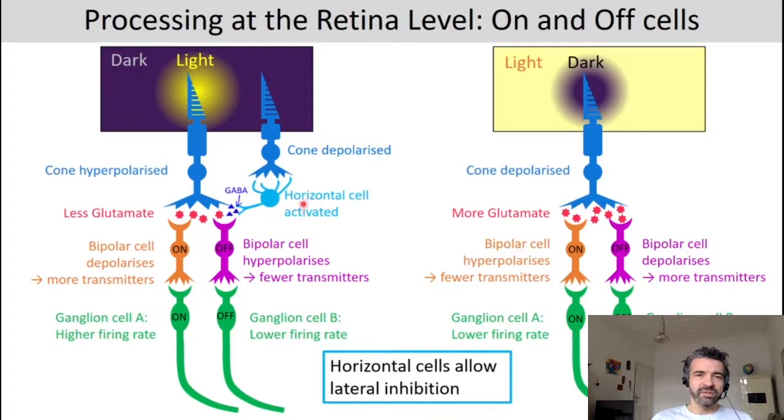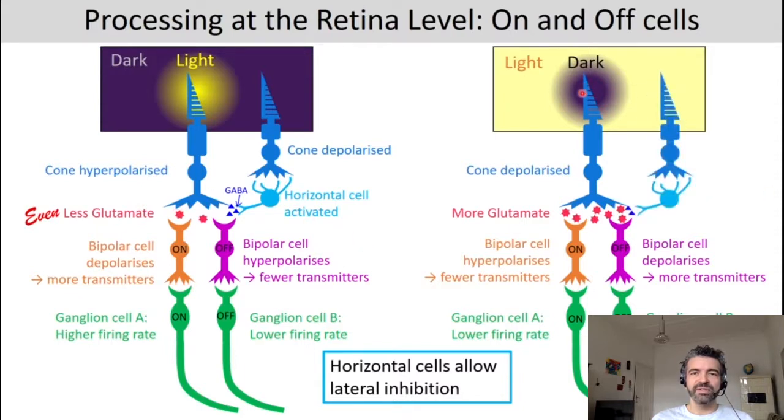The horizontal cell will release GABA if it's in the darkness. And that means that there's even less glutamate available now. So this increases the whole effect, so that this ganglion cell fires more and this ganglion cell fires less, because the GABA inhibits glutamate.